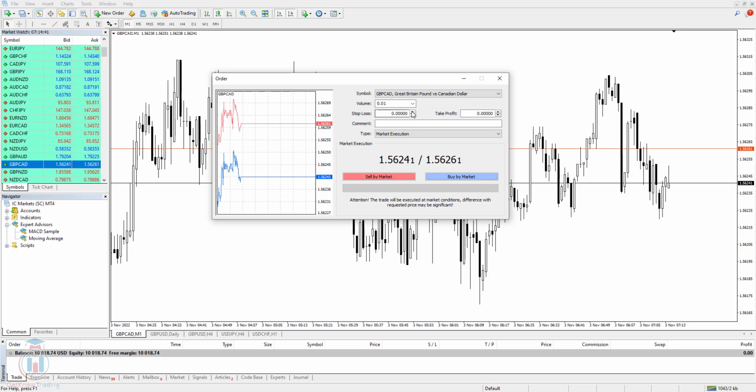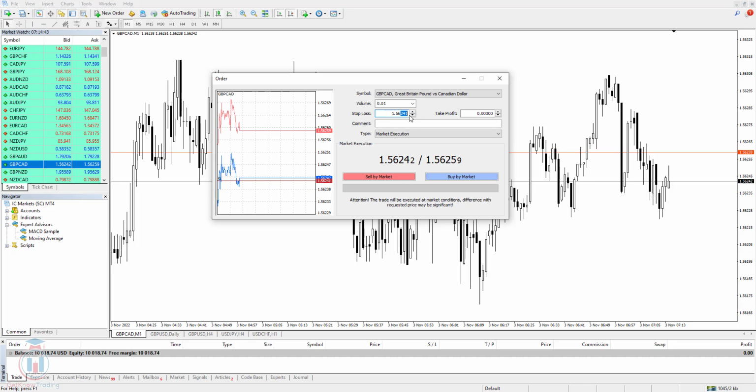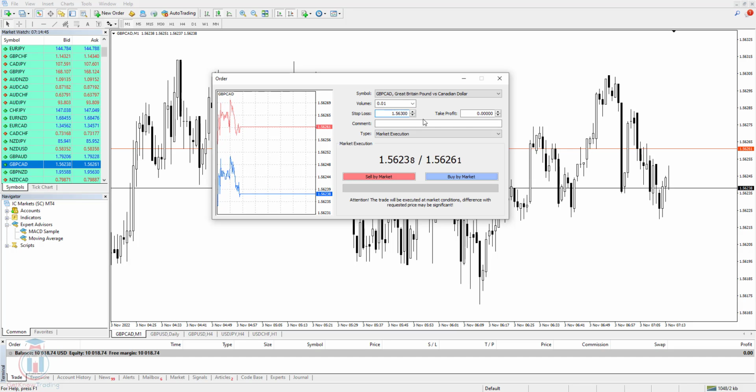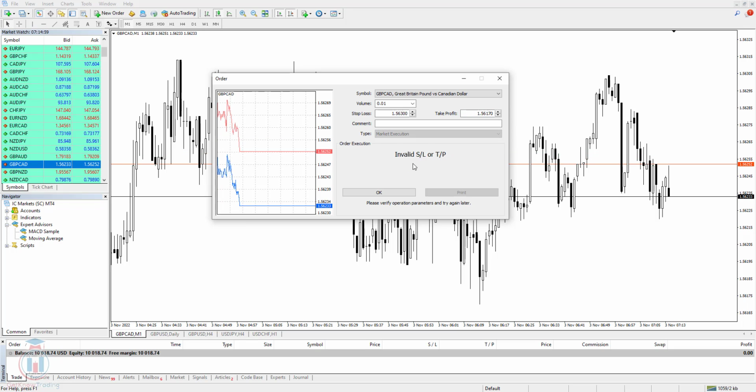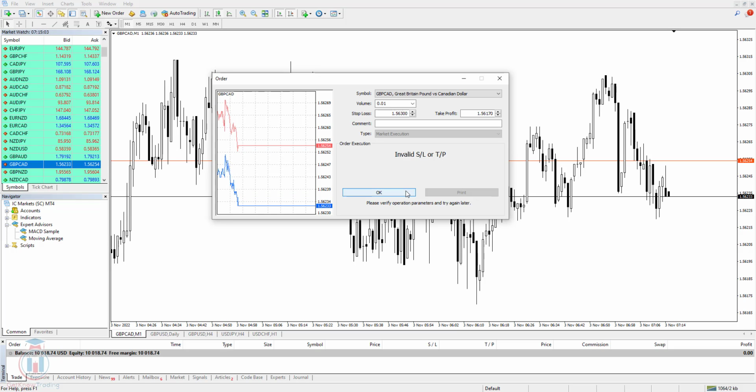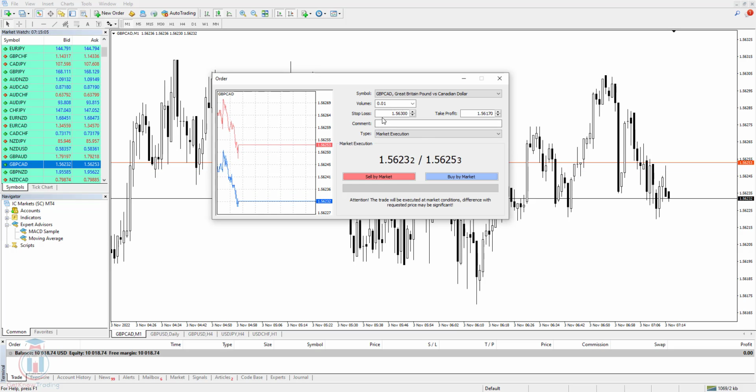So for example, if I put here stop loss 1.5630 and the take profit I put here 1.5617, and if I click buy market, I will get an error. It is invalid stop loss or take profit.